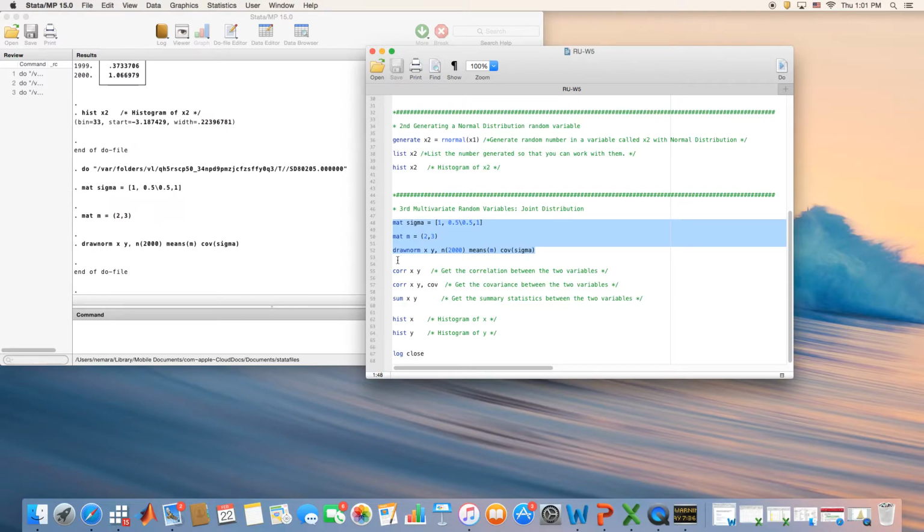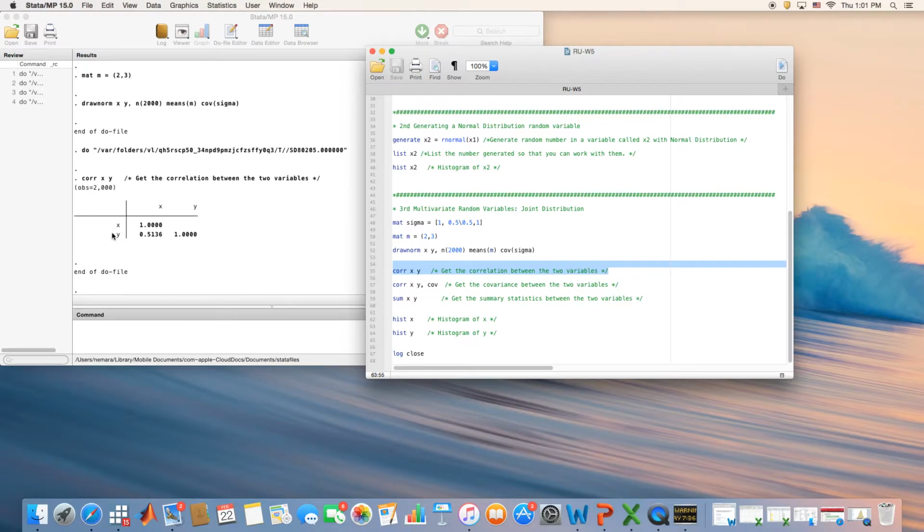Okay, and let's try to see some statistics. So corr is the correlation between x and y. So you tell Stata to show the correlation. Of course, the correlation between any variable and itself is 1. The correlation between y and itself is 1. But this one is the correlation between x and y.